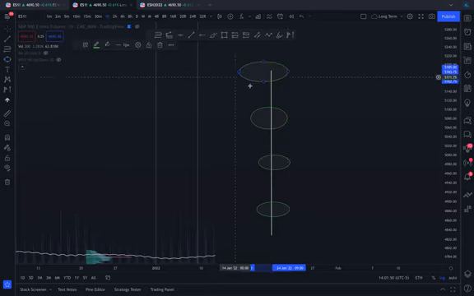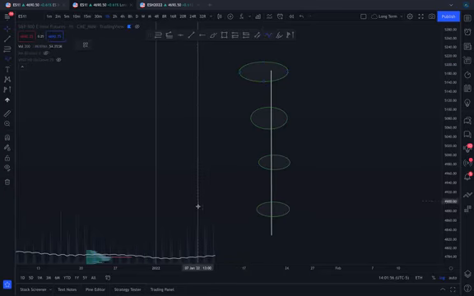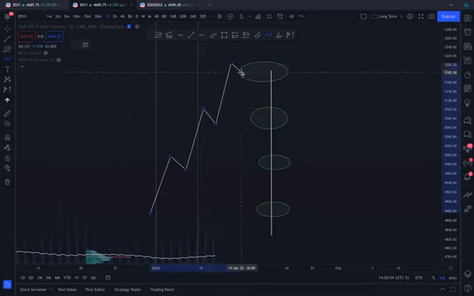For me to confirm a reversal, what we'd actually want to see is, if price had worked its way up here and then started to consolidate at this liquidity pocket, usually price is going to break down out of this.